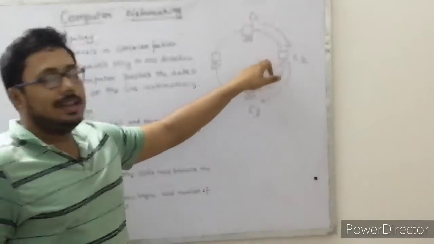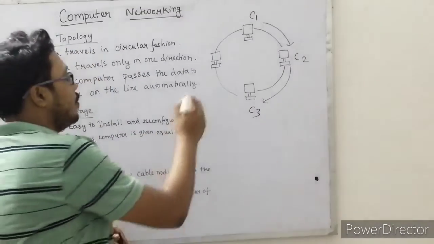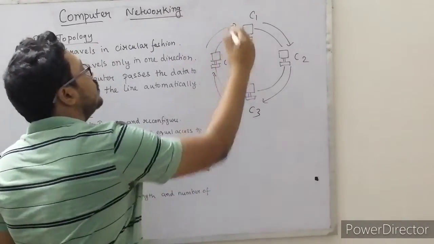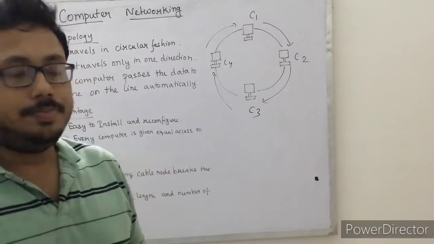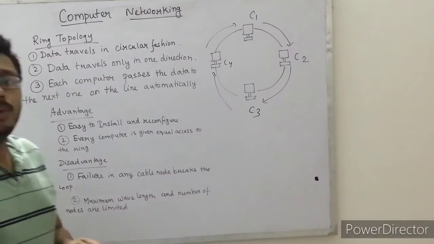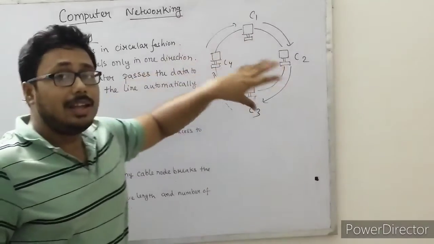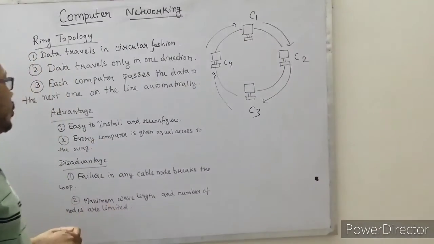This computer passes the data to this computer, and from there again to C4, from C4 then again to C1. This rotates in a circular fashion. That's why we call it a ring topology, because it is in the shape of a ring.